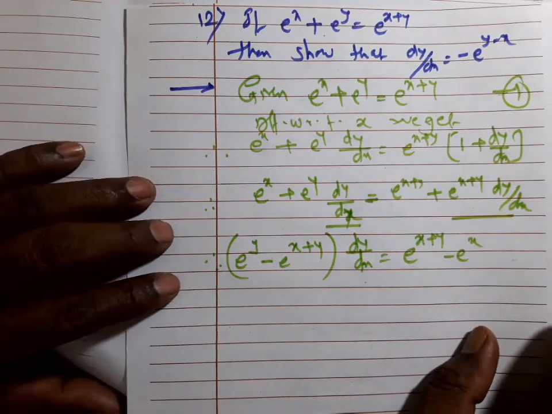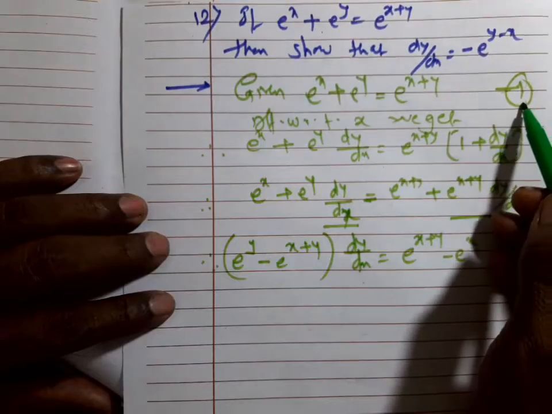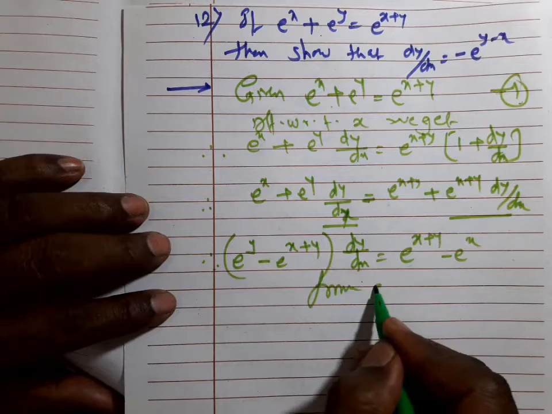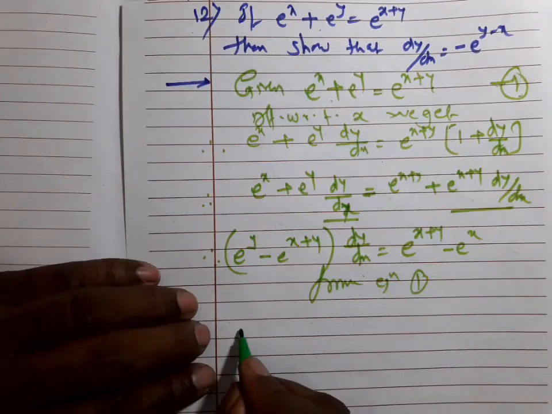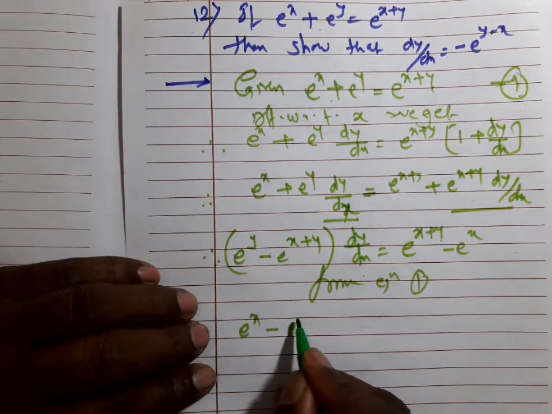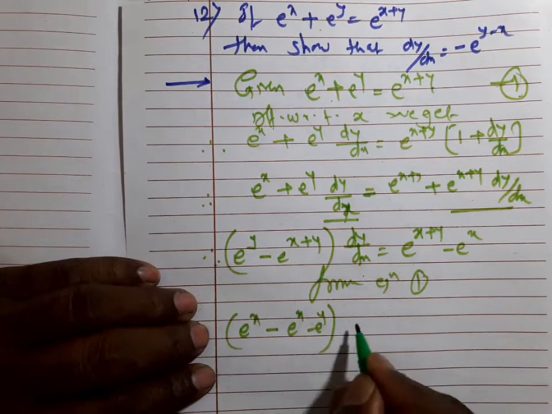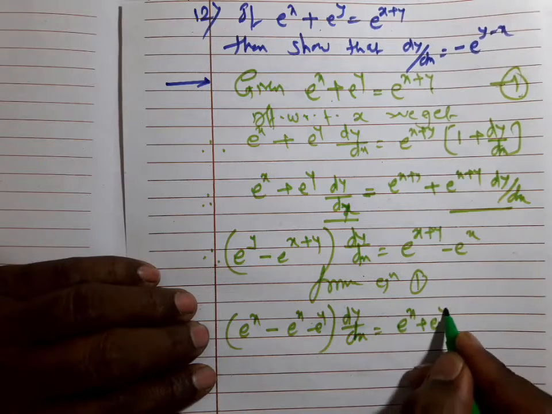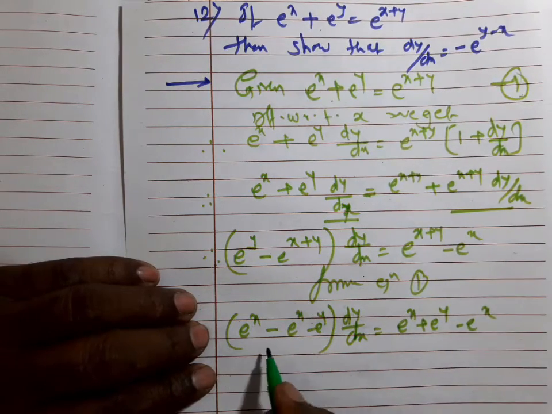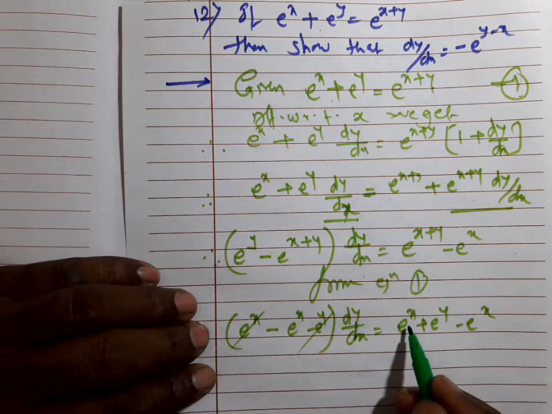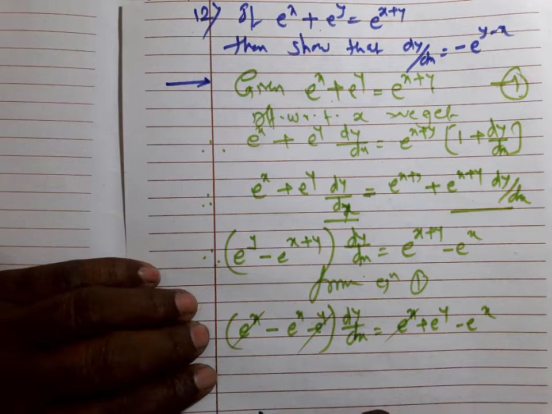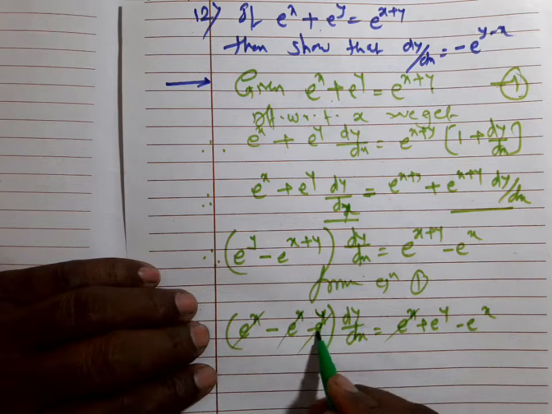Now to obtain the required answer, I am going to use equation number 1. e raised to (x plus y) is e raised to x plus e raised to y. So from equation 1, (e raised to y minus e raised to x minus e raised to y) dy by dx is equal to e raised to x plus e raised to y minus e raised to x. So these terms are cancelled.